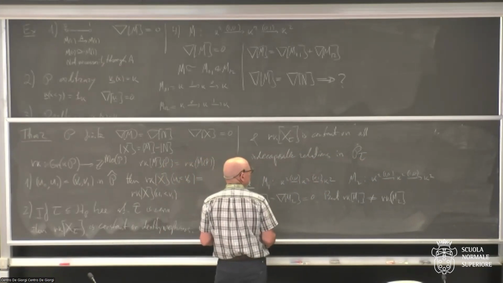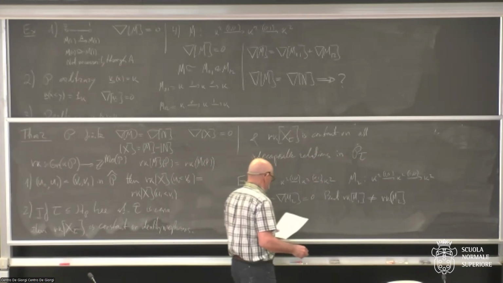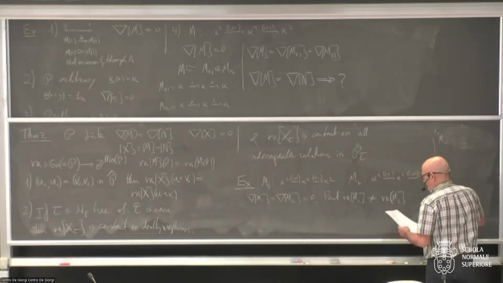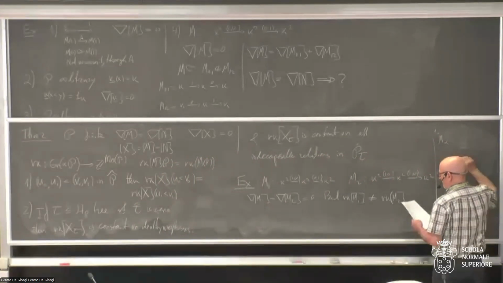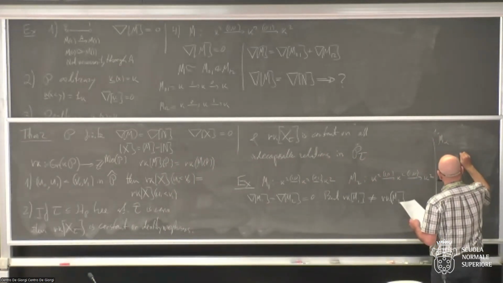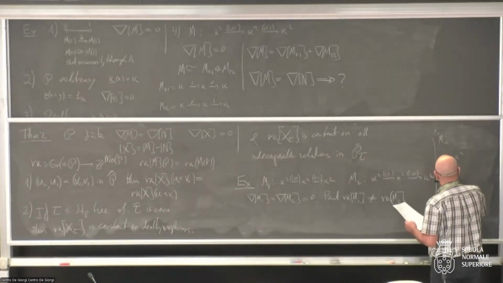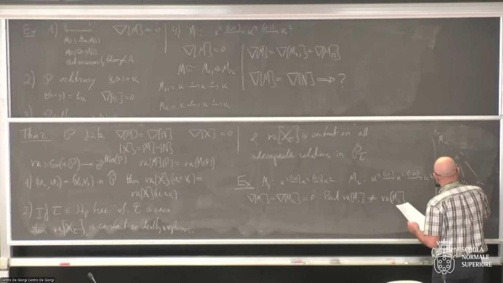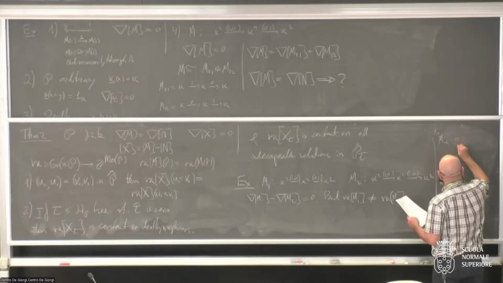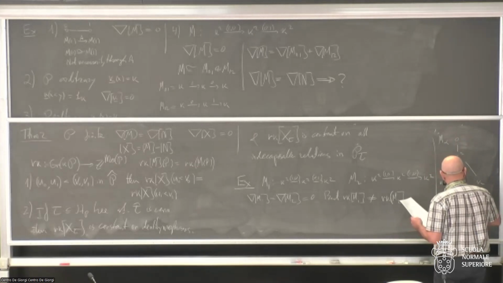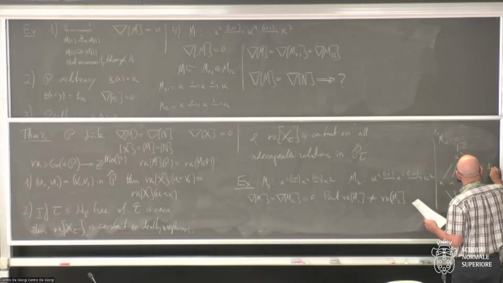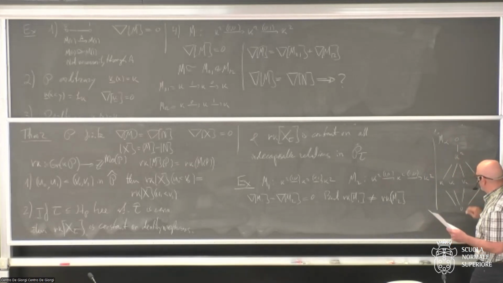Another example, I need a bit more space. So I'm going to write here M alpha. This is one of these tame examples. You have K squared with four objects here, K, K, K, and K. You have 0 here and 0 here. And you ask, where is the alpha? I want all of these to be rank 1, right? The rank here and here is clear because they're zeros. So all of these are rank 1.